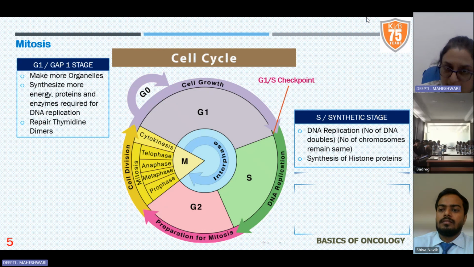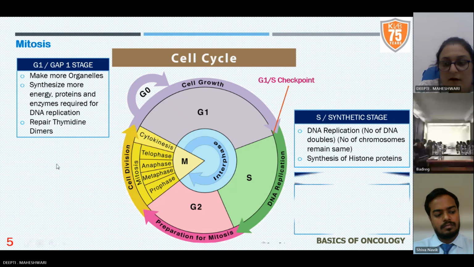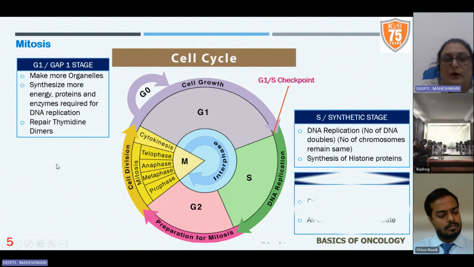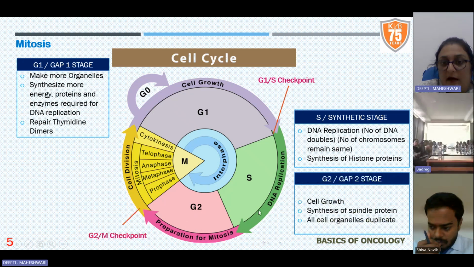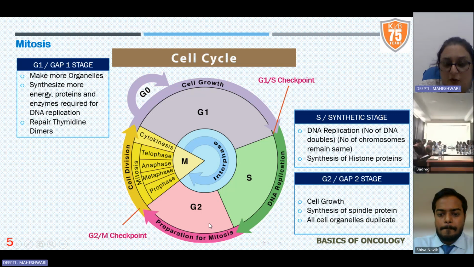So in the S phase, the DNA gets duplicated. That means the genetic matter is completely duplicated in the S phase. So now the cell is ready to enter into the next phase. Now you can see the G2 phase here. After the DNA duplication, the cell is entering into the G2 phase. What is happening in the G2 phase?